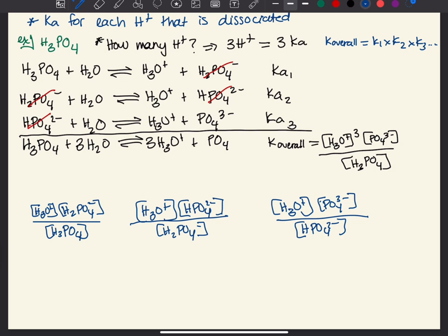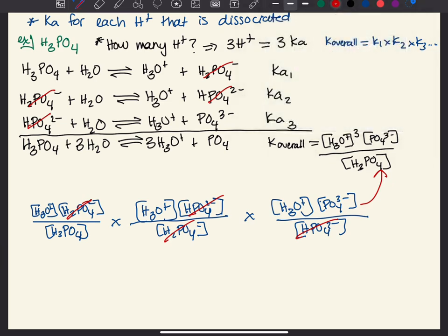So you can see if I multiply these together, then I'm going to be canceling out dihydrogen phosphate because it's on the top and the bottom. I'll cancel out monohydrogen phosphate because it's on the top and the bottom. And when I multiply those together, I get this right here. All right, and so that's why we multiply them all together.